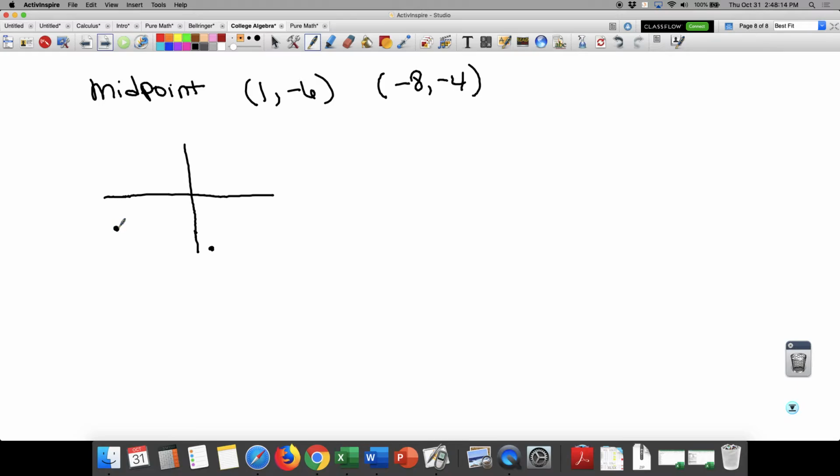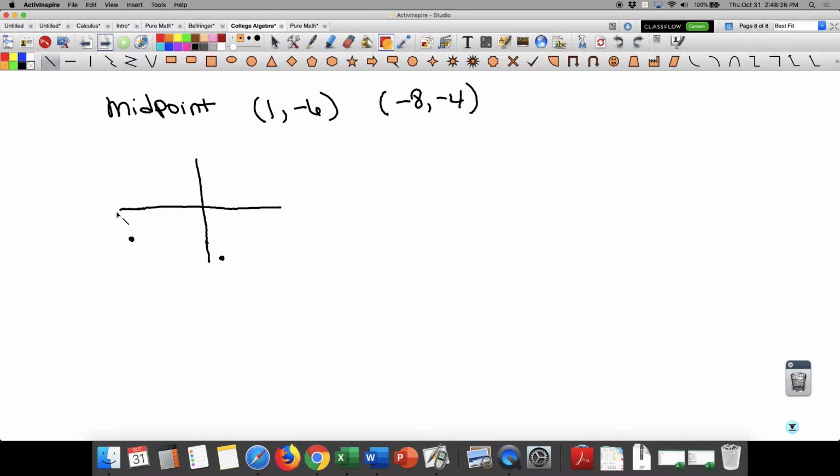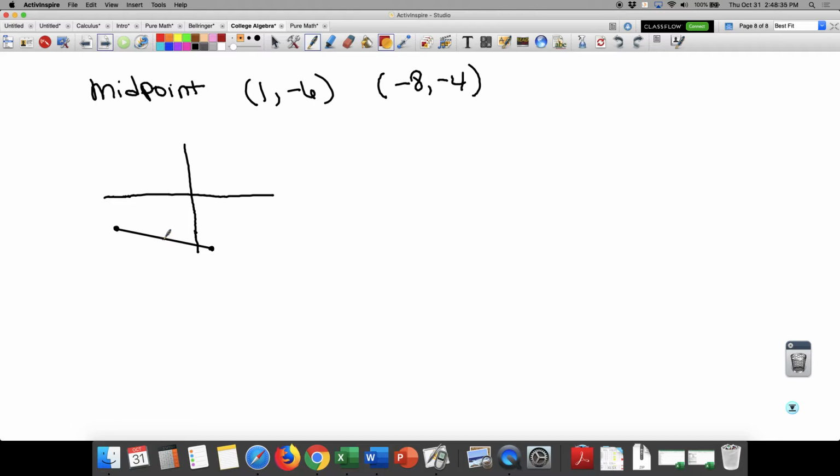Let's say that's about right here. And you want to try to find the middle point between that. You want to try to find kind of about where is the middle of that.